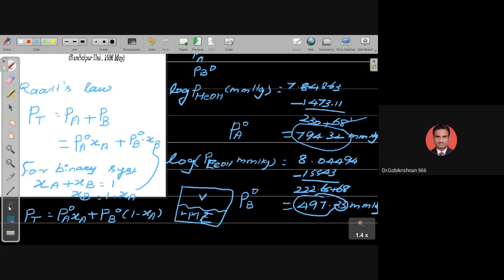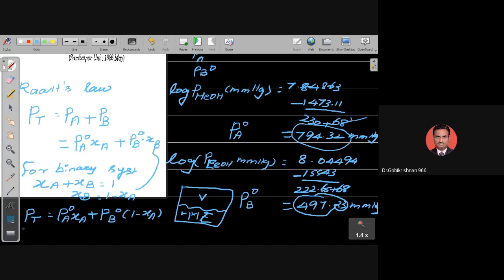I know the values of PA0 and PB0. At a temperature of 68 degrees, I have calculated PA0 as 794.32 and PB0 as 497.23. You substitute here. PT is the total pressure of the system, which is equal to 760 mm of mercury, given as 1 atmosphere, which I converted into mm of mercury.